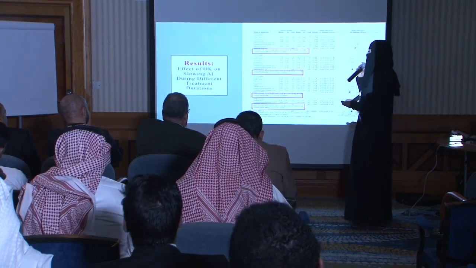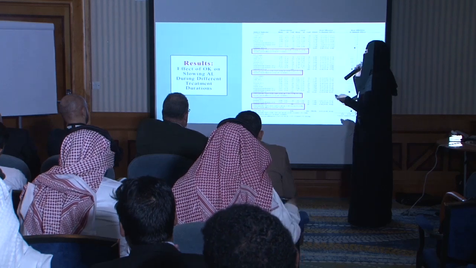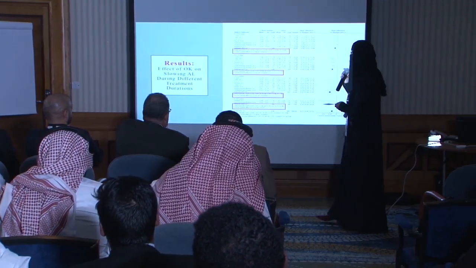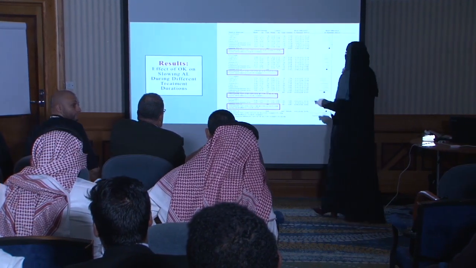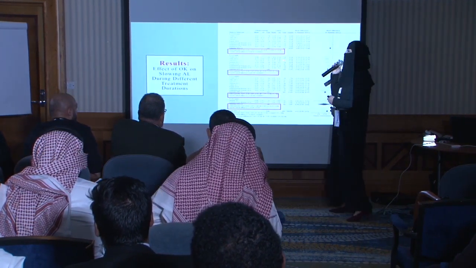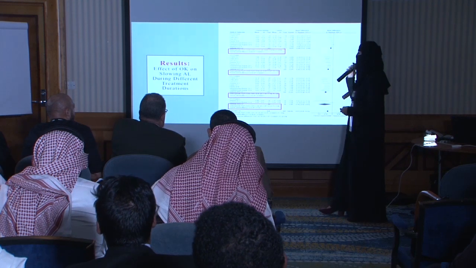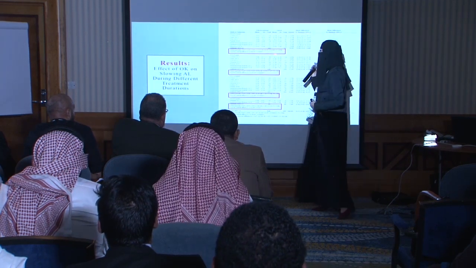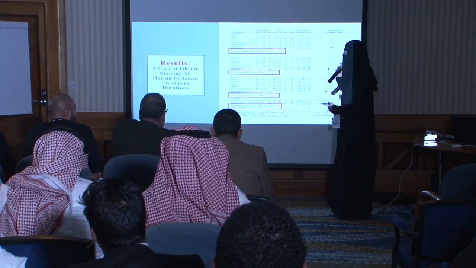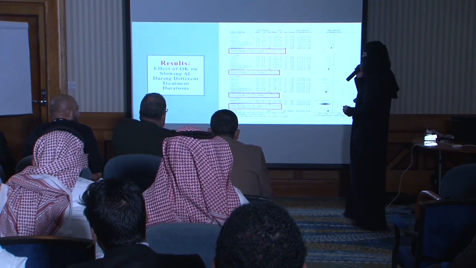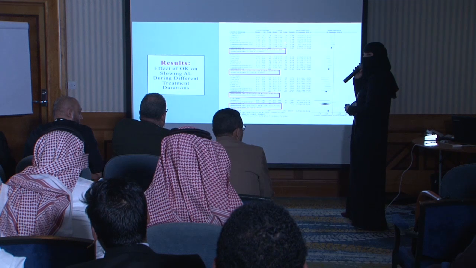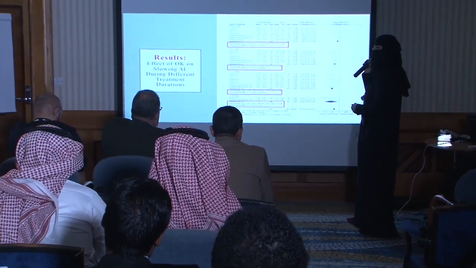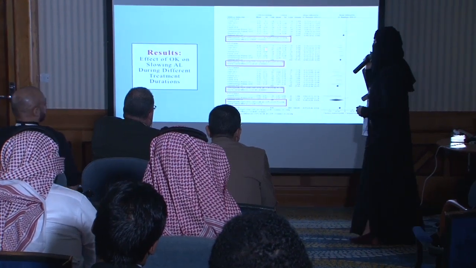Here is the result of the effect. This is the first graph, which shows the effect of ortho-K in slowing myopia at different times: half year, 1 year, 2 years, 5 years. I don't know if it's clear here. Okay, here you can see there is heterogeneity, I-square more than 50%, so I used a random effect model to estimate this effect.